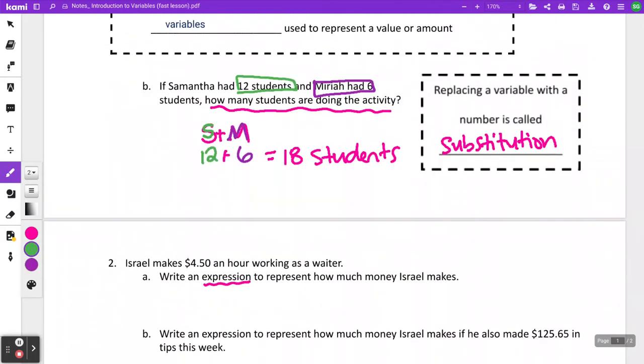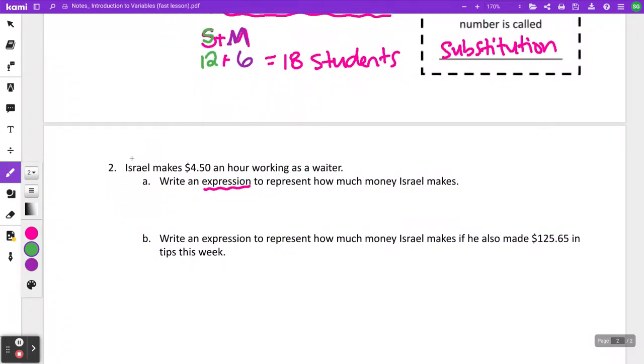So coming down to our story about Israel, there's two things we need to think through. Remember, I want you to think about what operation the story is describing, and what our variable or variables are, if you think there are more than one. Go ahead, pause the video and try doing that now for part A.